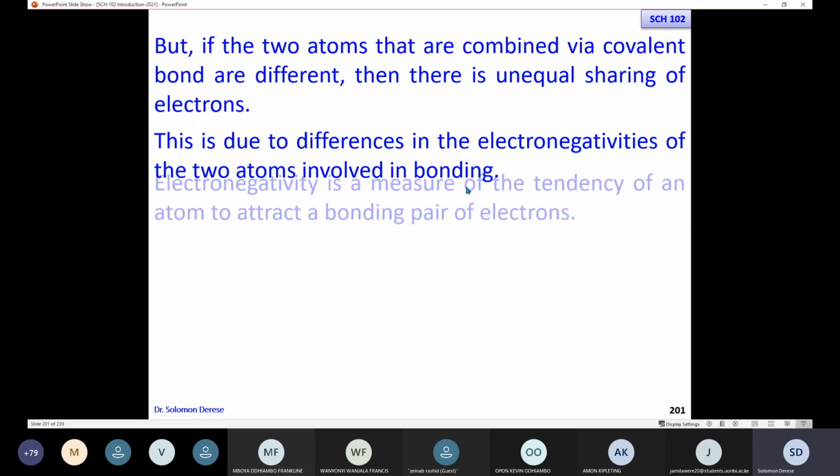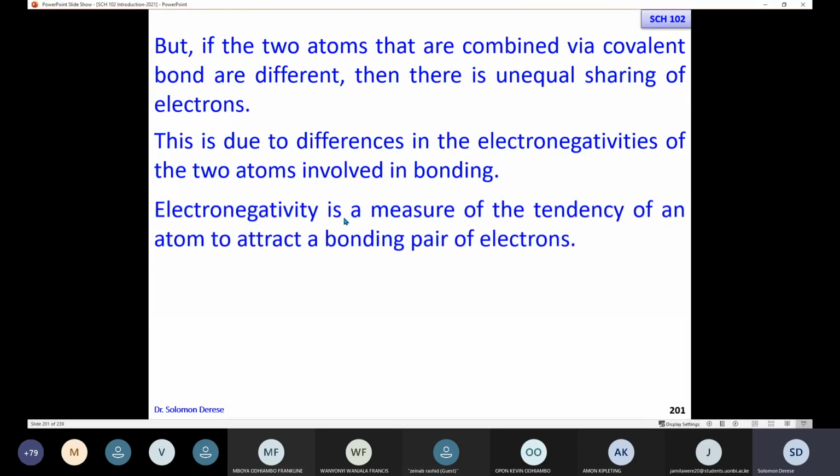So electronegativity is a measure of the tendency of an atom to attract a bonding pair of electrons towards itself. Electronegativity measures the ability or the tendency of an atom to attract electrons of the covalent bond towards itself, to pull those electrons of the covalent bond towards itself.